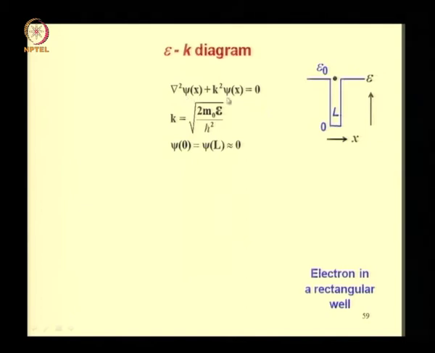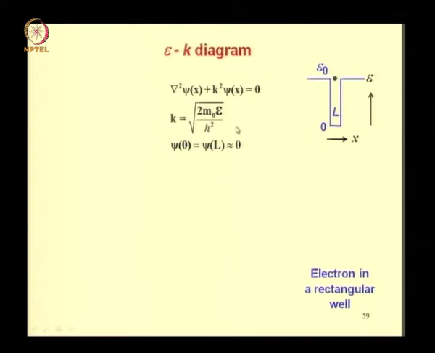The simple form of the equation is del square psi(x) plus k square psi(x) equal to 0, where k square is related to the energy E. Potential U is 0, so only the energy E of the electron enters into this picture. So k is equal to the square root of 2 times the electron mass times the energy of the electron, divided by h cross square, where h is Planck's constant.